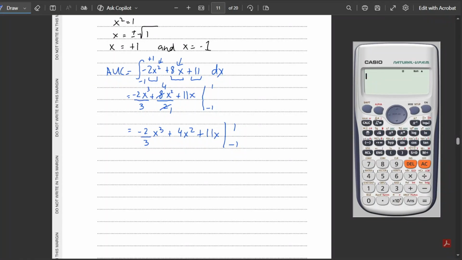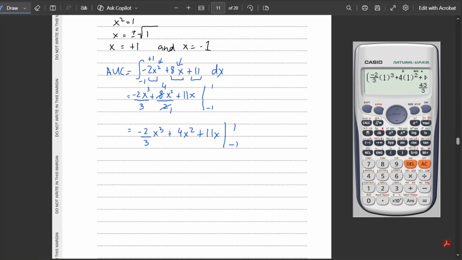What I can do now is I can basically write out the equation. So let's first write over here negative 2 divided by 3 times 1 cubed, and then plus 4 times 1 squared plus 11 times 1.